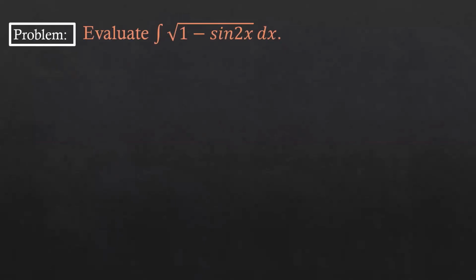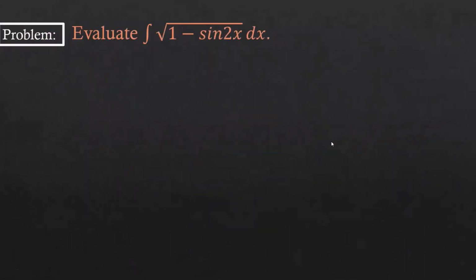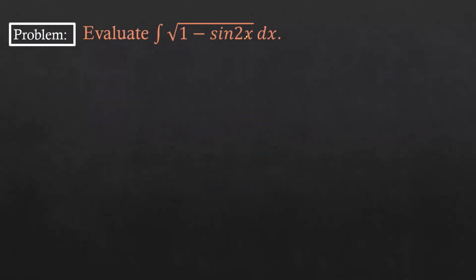Expanding, we get sin square x plus cos square x minus 2 sin x cos x. Actually, the sin 2x formula is 2 sin x cos x. So firstly, we have to write this as the root of 1 minus 2 cos x sin x dx.